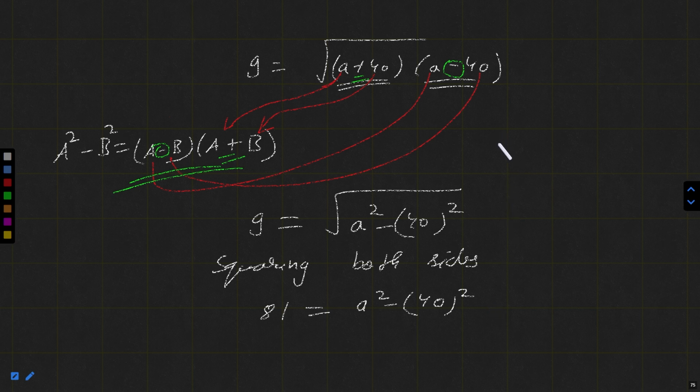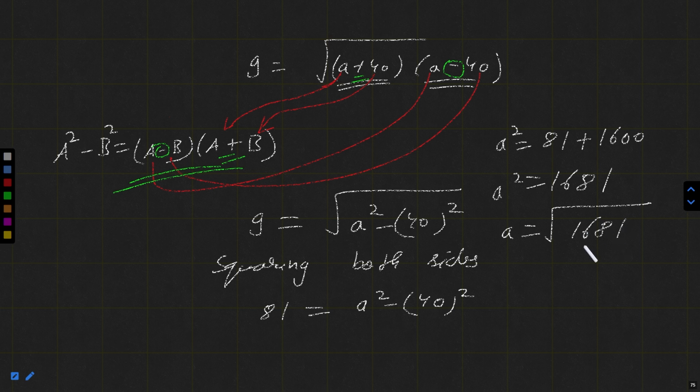Okay, now what? Just simplifying. 81 plus 1600, that means 1681 is A square. So A is root 1681.